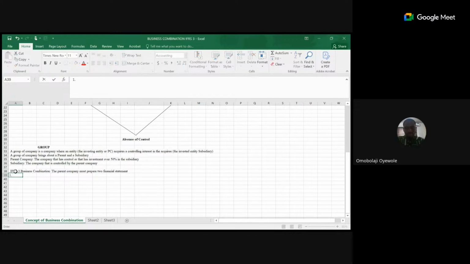The first financial statement is a separate financial statement in line with IAS 27. Then the second financial statement is a consolidated financial statement in line with IFRS 10. So that's the concept.